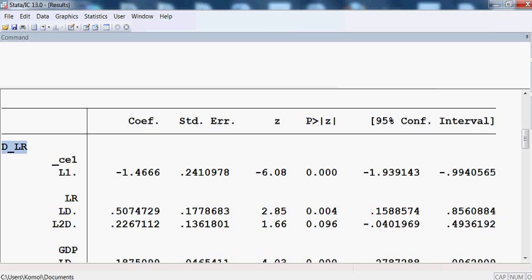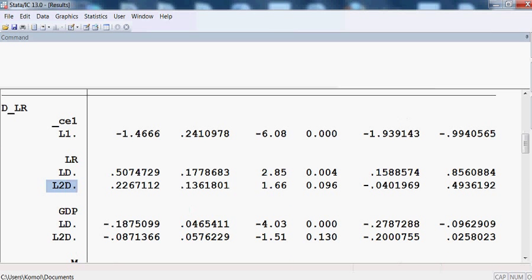Here we need stationary data in the error correction model, right? And not only this one, all the variables have been converted to first difference.